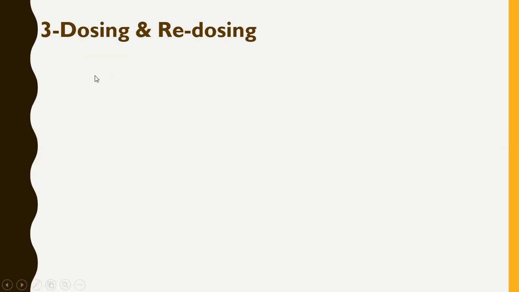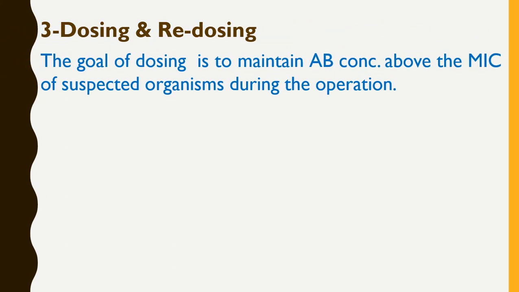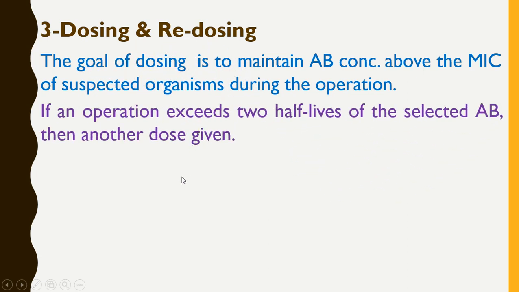Dosing and redosing. This depends on the half-life of the antimicrobial agent and the duration of the operation. The goal of dosing is to maintain the antibiotic concentration above the MIC of the suspected organism during the operation. If an operation exceeds 2 half-lives of the selected antibiotic, then another dose is given.